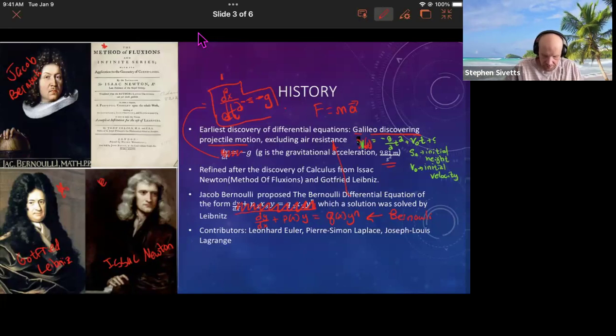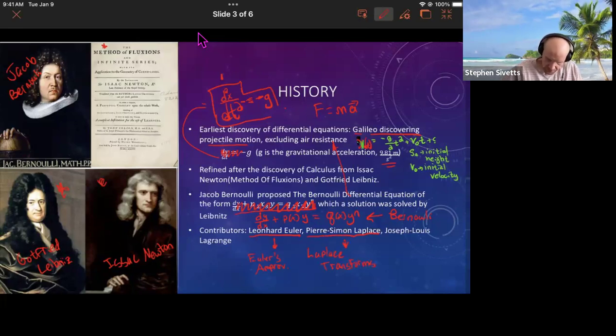But the other contributors to differential equations are Euler, of course, with Euler's approximation of solution curves for differential equations. We'll learn much later about the Laplace transform, which is named after Pierre-Simon Laplace, a French mathematician. So we're going to look right into Laplace transforms.